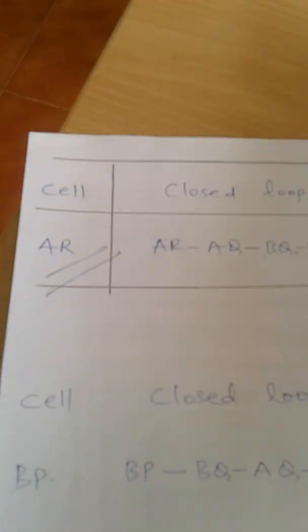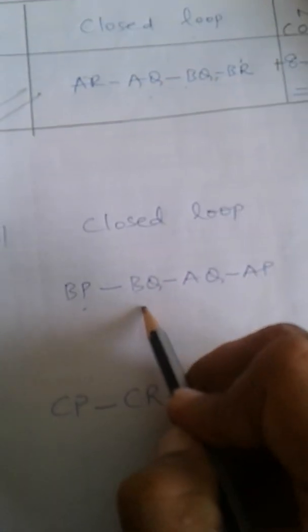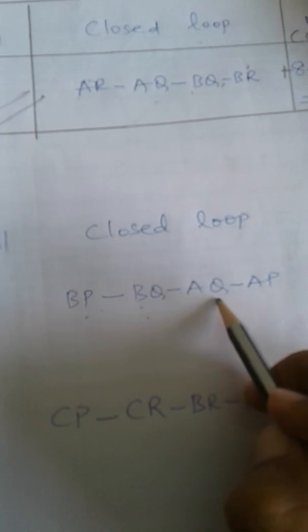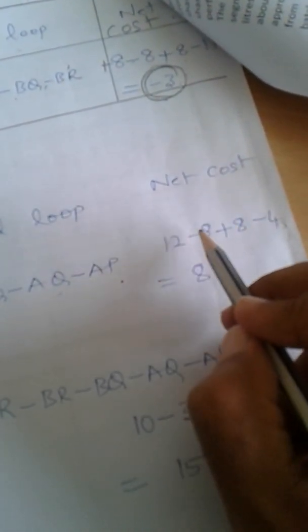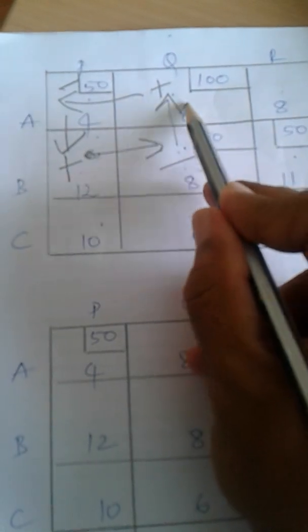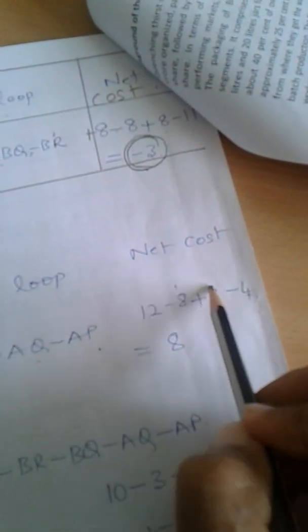So the closed loop is BP, BQ, AQ, AP, and the equation is 12 minus 8 plus 8 minus 4. Same thing is written, 12 minus 8 plus 8 minus 4.